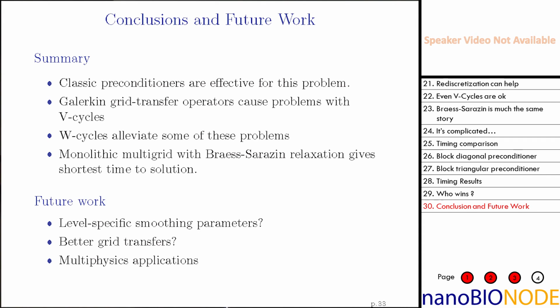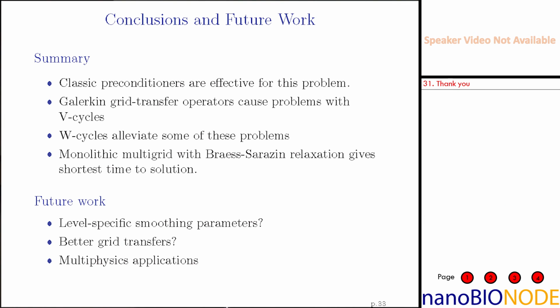Some things we were thinking that might help V cycles work better are choosing level-specific relaxation parameters. Or you could consider that maybe Galerkin is not the way to go and we can do something more intelligent. And then we'd like to expand this to multiphysics applications. And yeah.